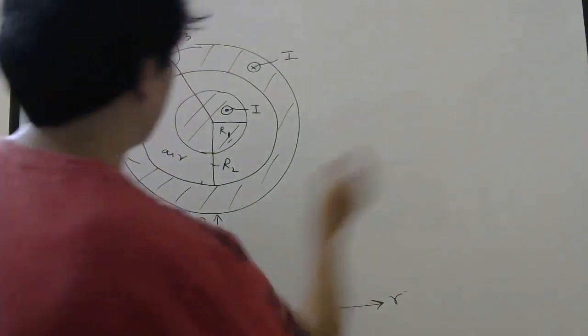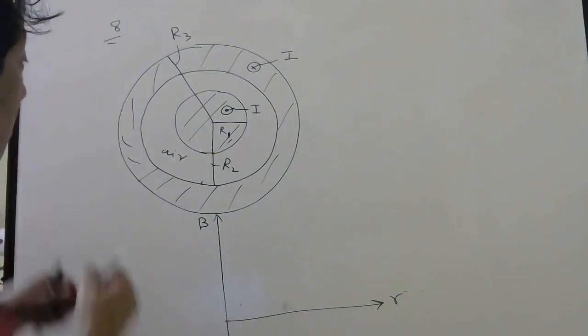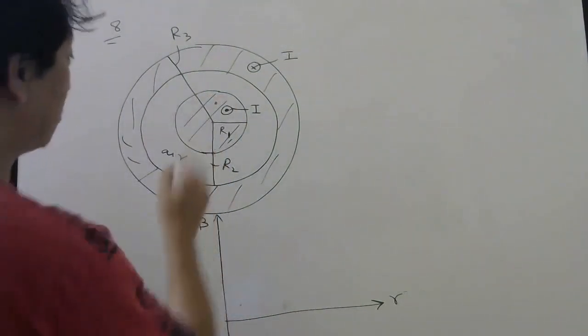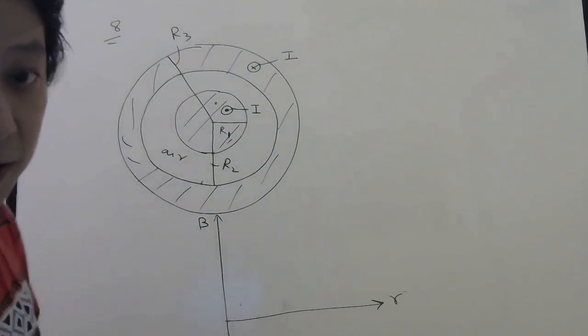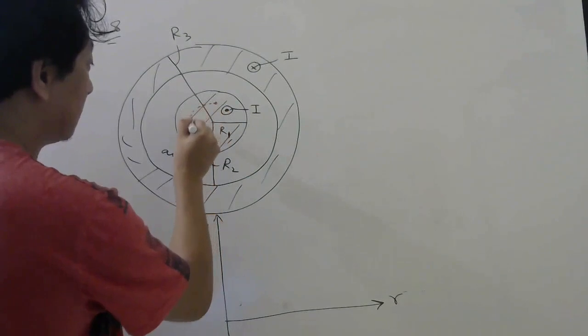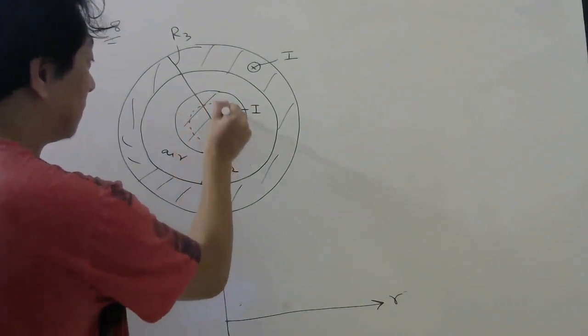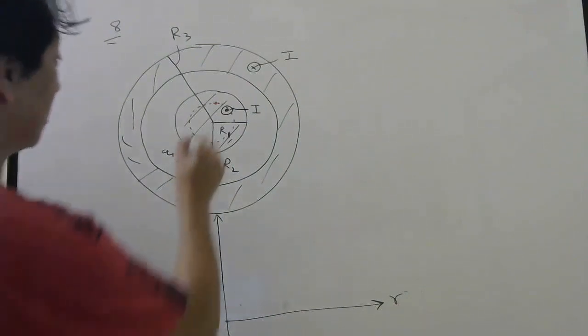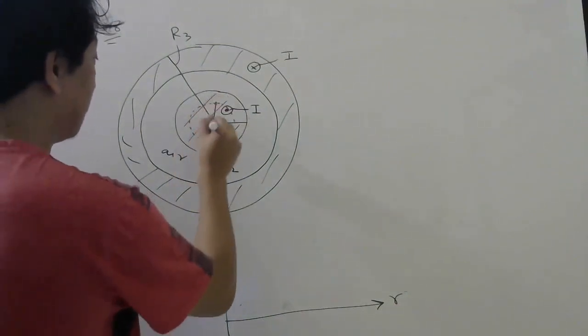So let us discuss. First, say I am at some point here. Then I should draw one Amperian loop, like this. This is my Amperian loop, and then I will apply Ampere circuital law. The distance is small r.